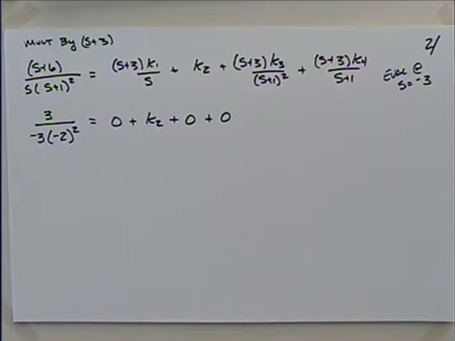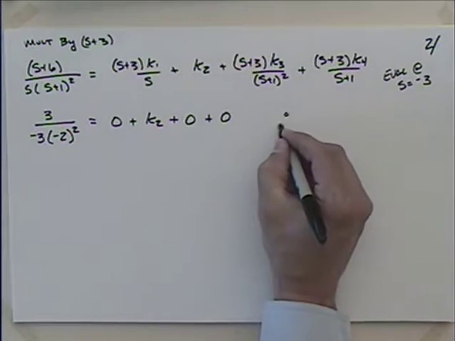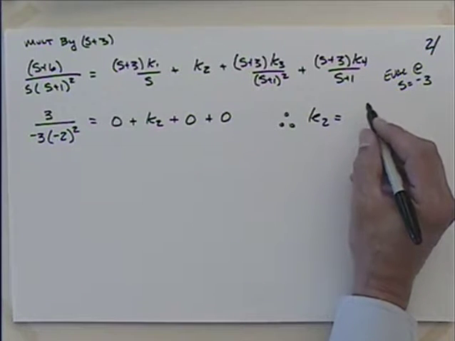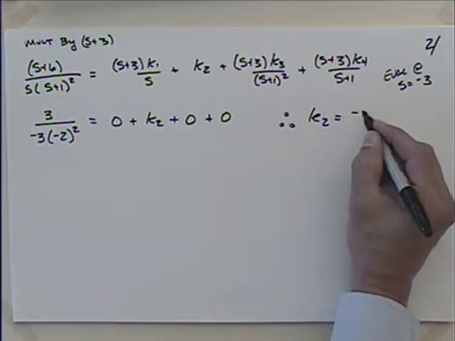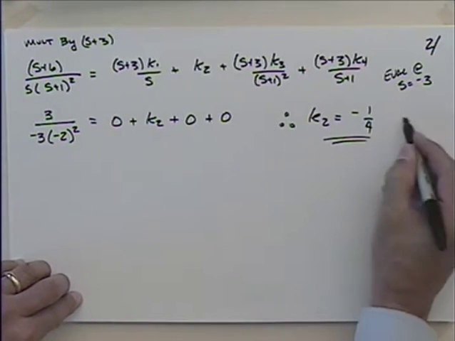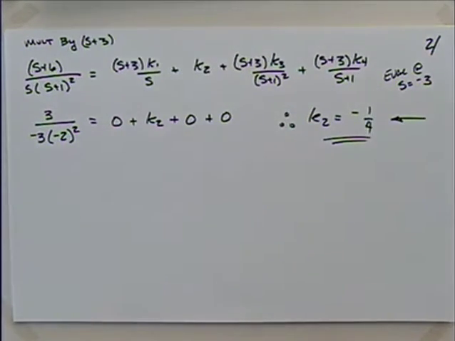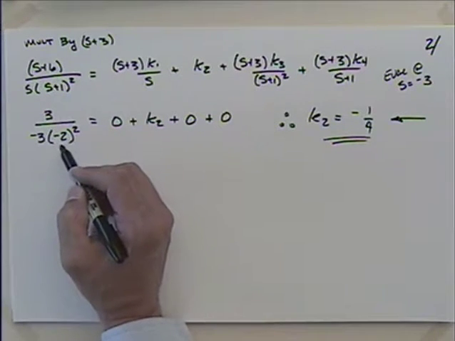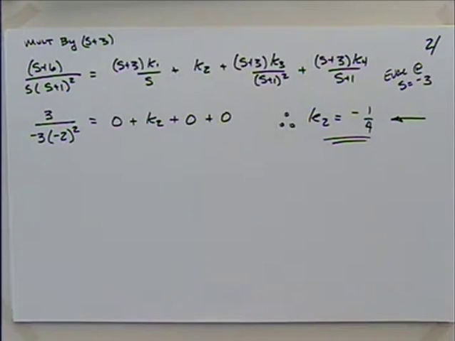So I evaluate that and I get k2. K2 is going to be equal to what? Minus a fourth, I think, isn't it? See, the 3's will cancel, so I have 1 over 4, and I'm left with a negative sign, so minus a fourth.